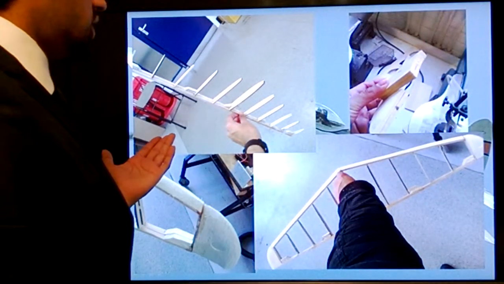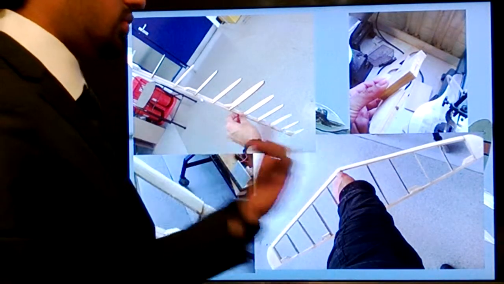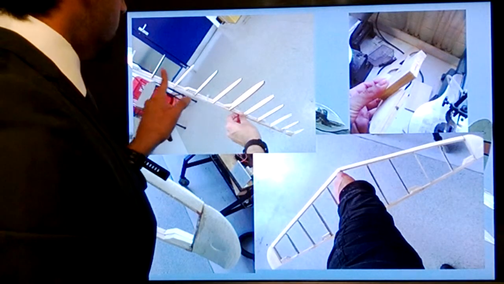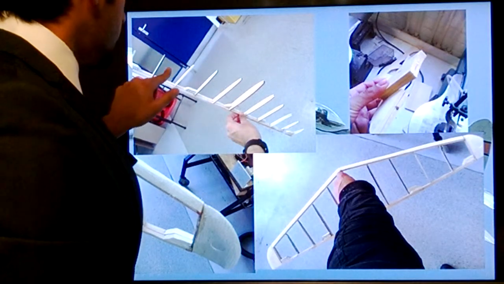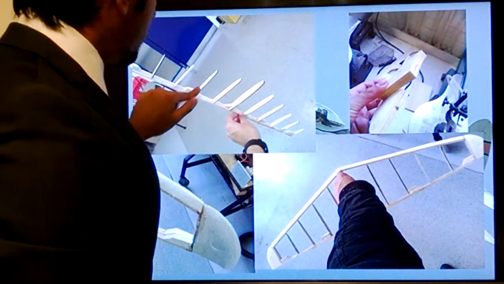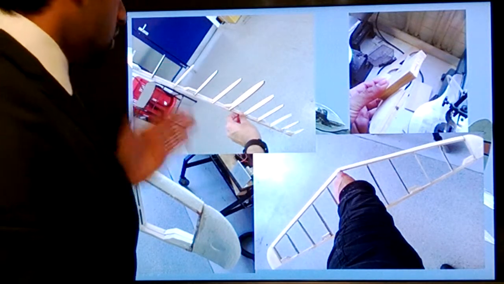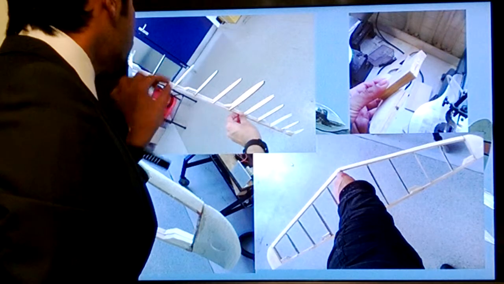So this is the tail plane, the horizontal stabilizer, and one of these parts here was broken, and I needed to make them anew, so I made them myself.